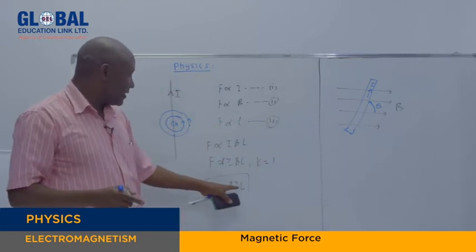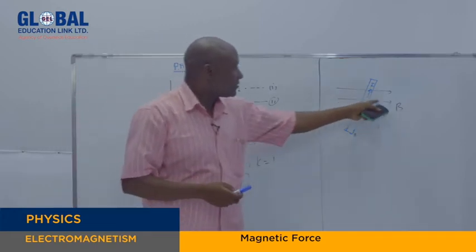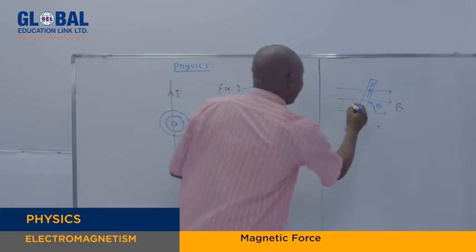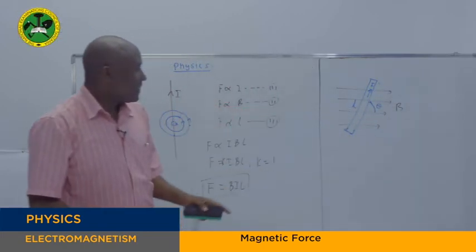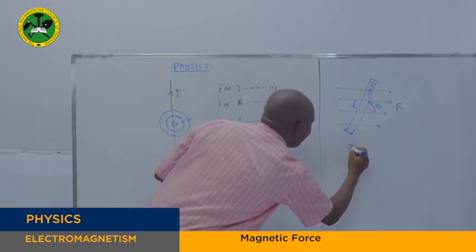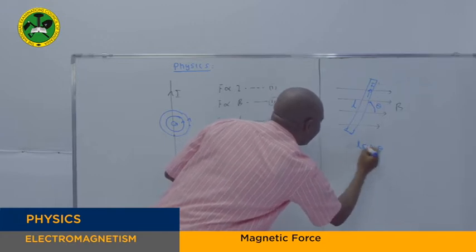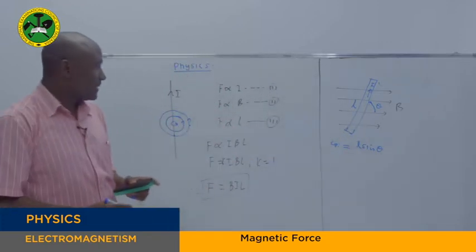The quantity that we normally change here is the length. The length of the conductor which is perpendicular to B is not the whole length, so you should find the component of this length. Suppose this is our length. The component of the length which is perpendicular to B is given by L sine theta.